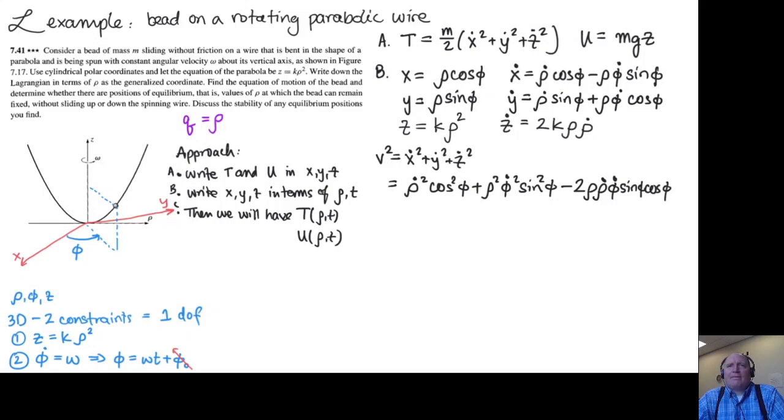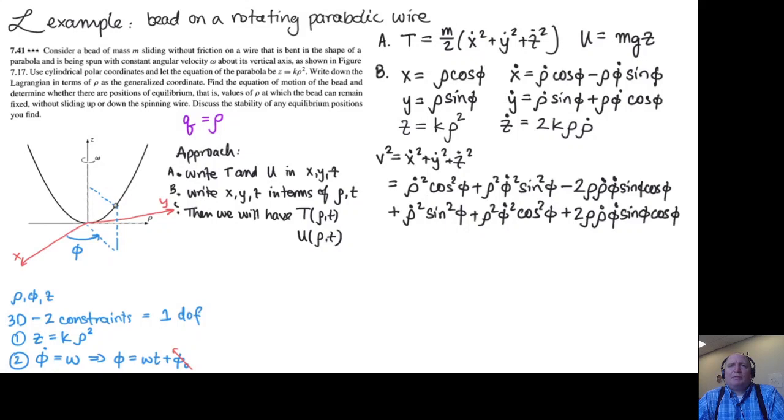That's the x dot squared. We add to that y dot squared. And we get the same cross term, except with a plus sign instead of a minus sign. So that's good. We're going to get a nice cancellation there.